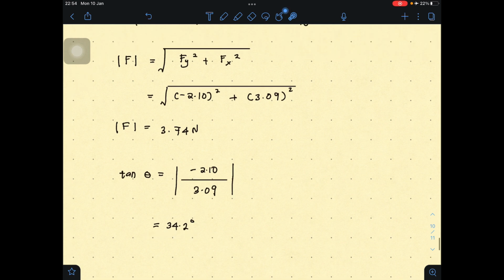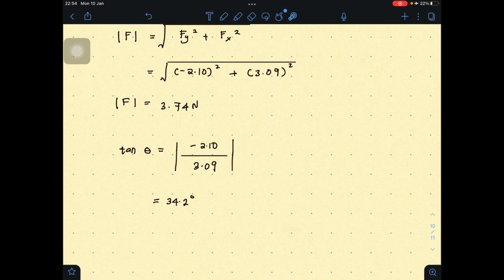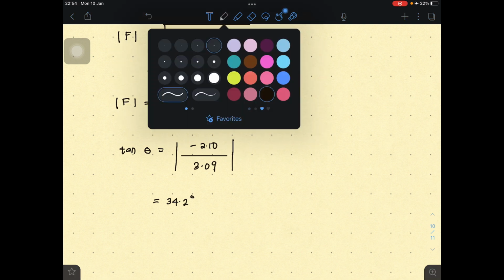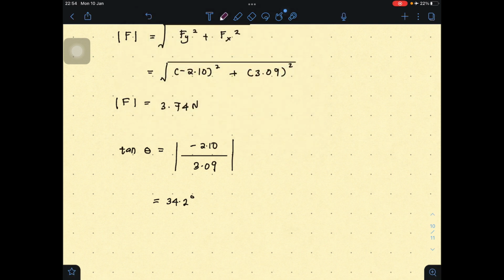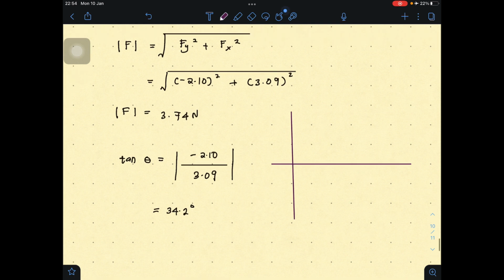Okay, and then last step, you need to determine whether it is below or above x-axis. Okay, how to determine this one? So ingat lagi sebelum ni, when we need to determine whether the vector is above positive axis or negative axis, first kita kena plotkan dekat axis.